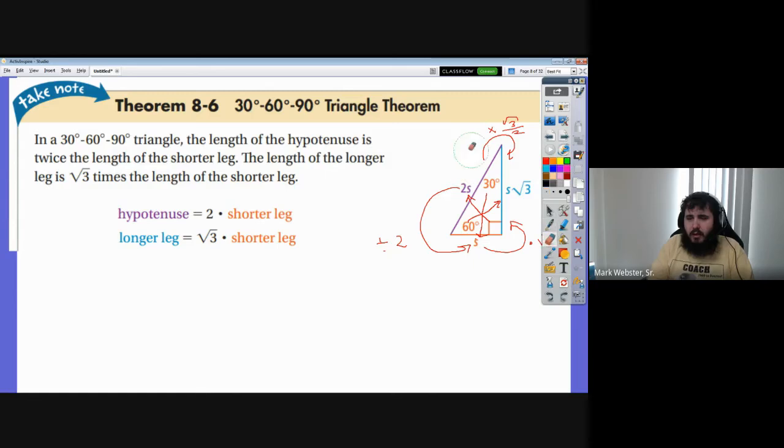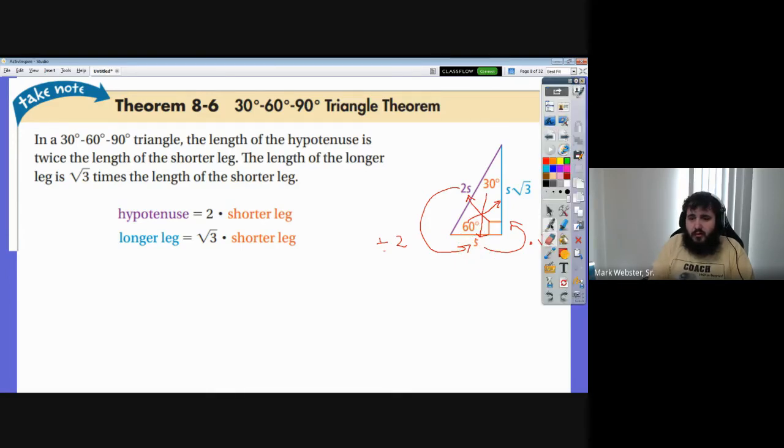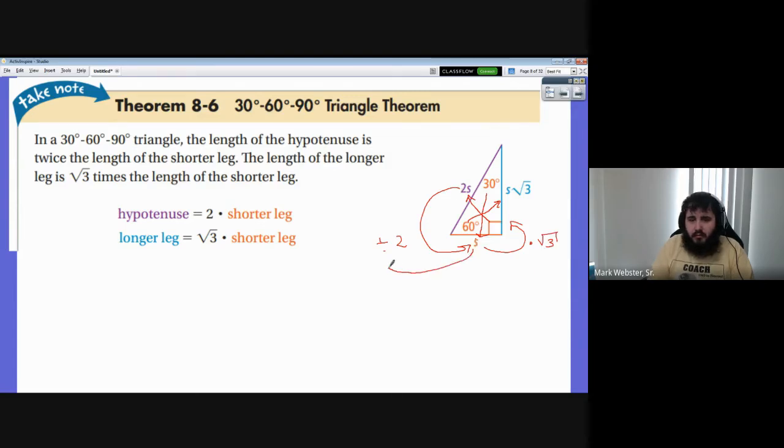All right? So I'm going to tell you honestly, going just to the small side, right? Because the small side to the big side is times 2 here. And then going from the medium side to the small side is dividing by radical 3.